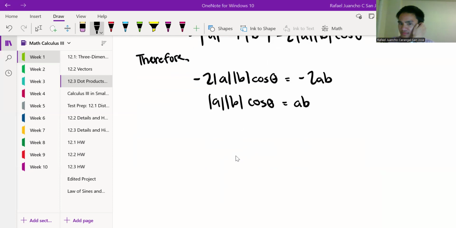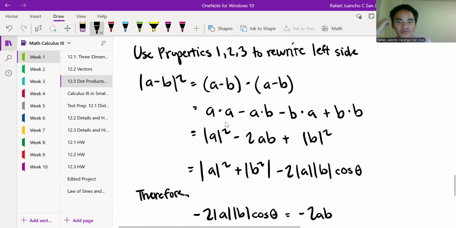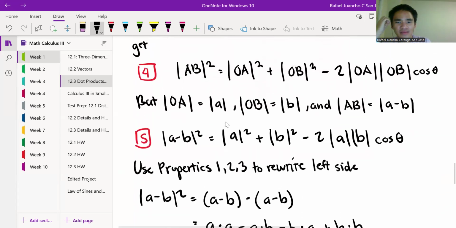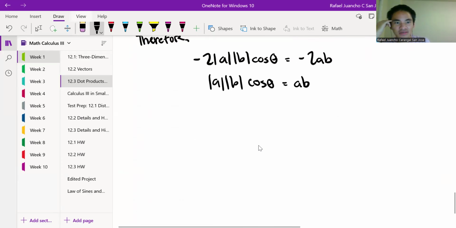Right? So that's the idea there. If we multiply A times B, it's the same as the magnitude of A times magnitude of B times cosine theta. Right?